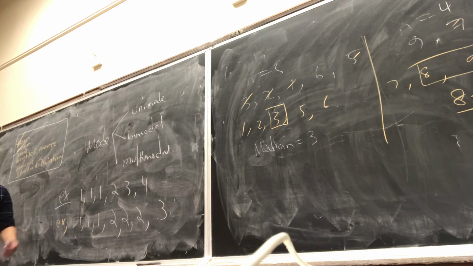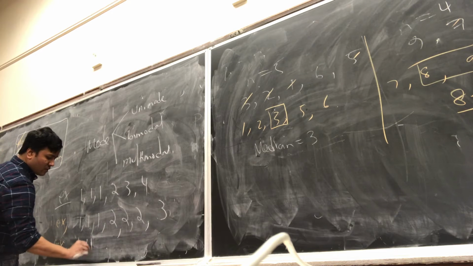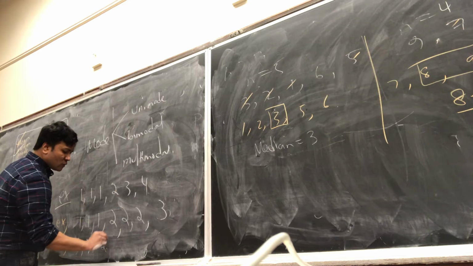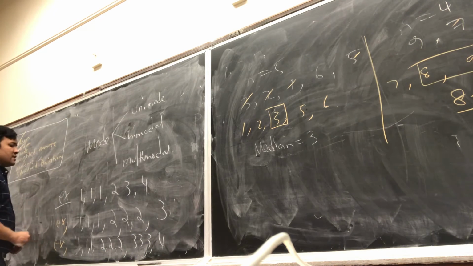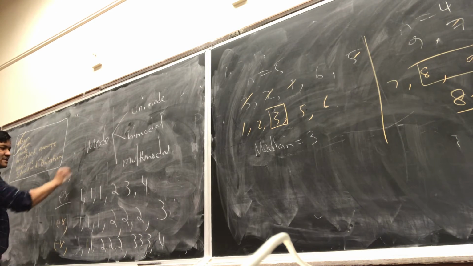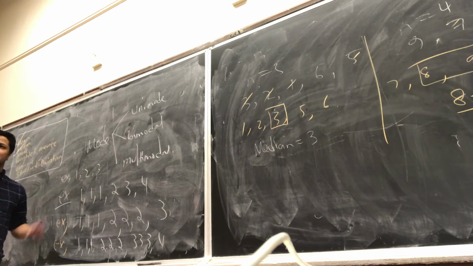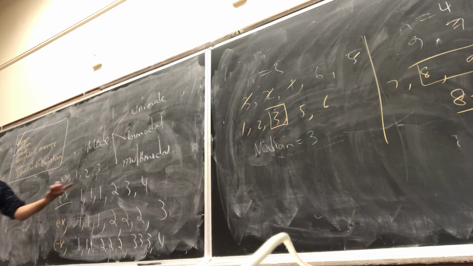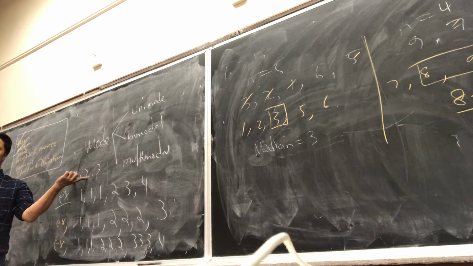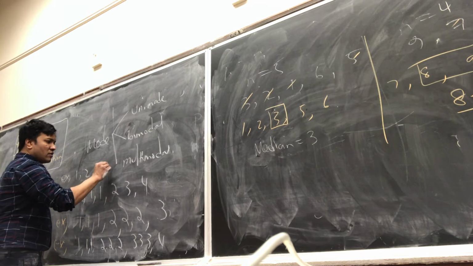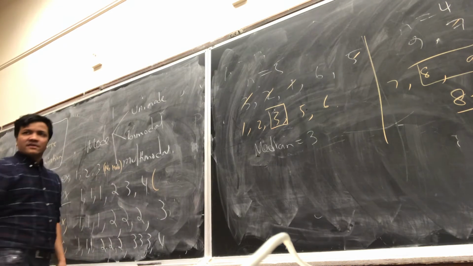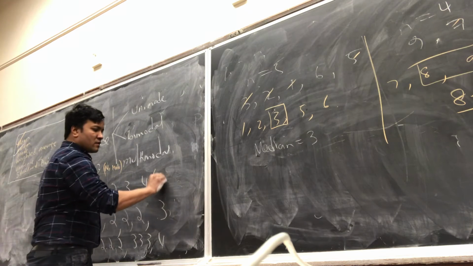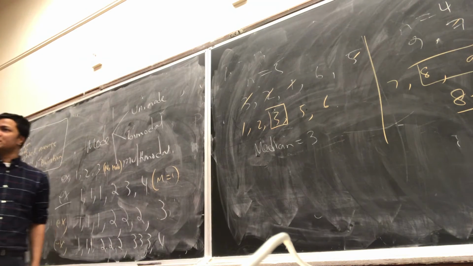Another example: 1, 2, 3, my favorite set of data. What is the mode over here? No mode. What is the mode over here? Mode is 1. So we call it unimodal.